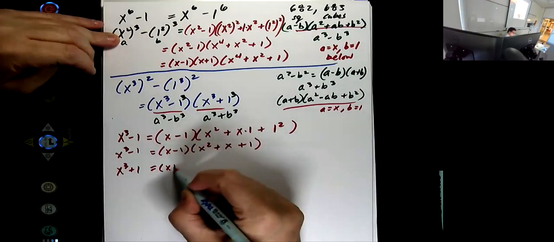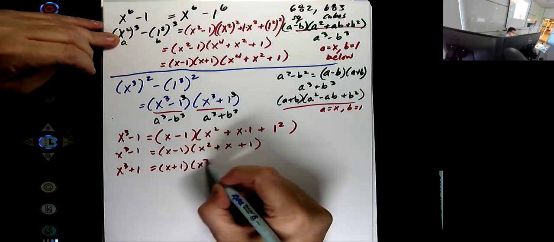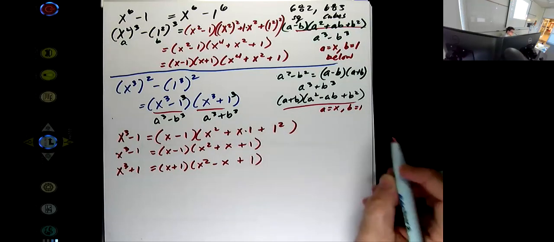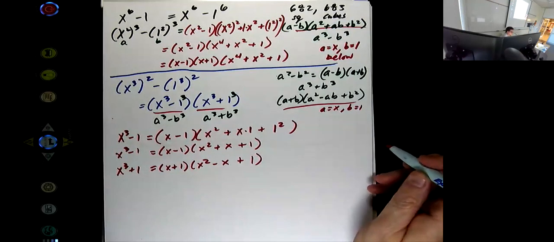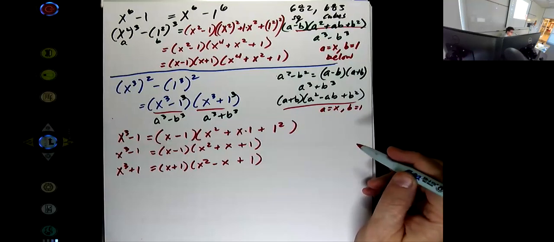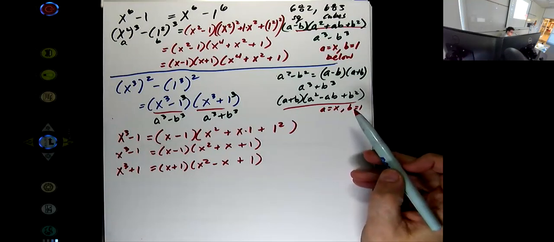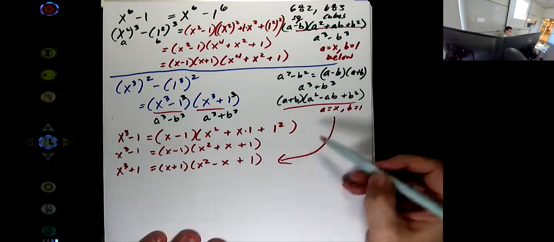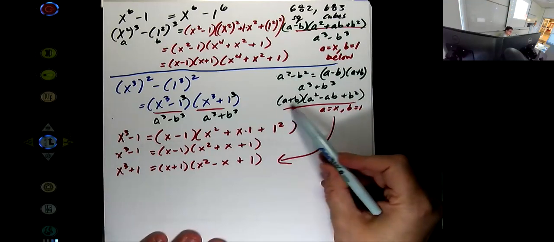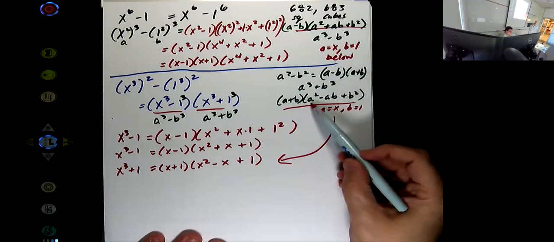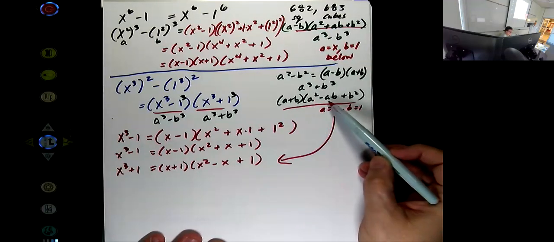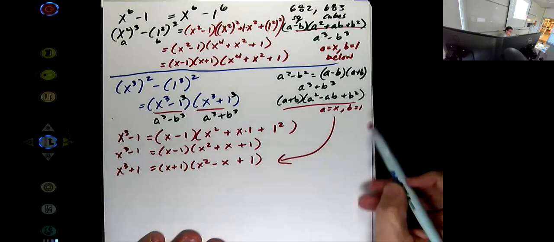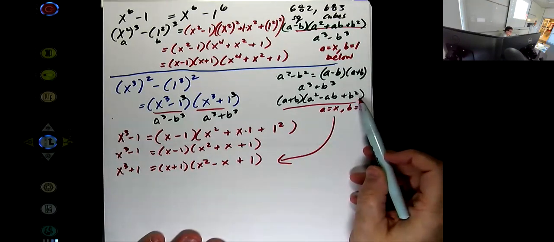This should be plus 1, and this should be minus x. Does that match up? x plus 1, and then A is x squared, minus A times B, minus x times 1 is just minus x, and then plus 1 squared is just plus 1.